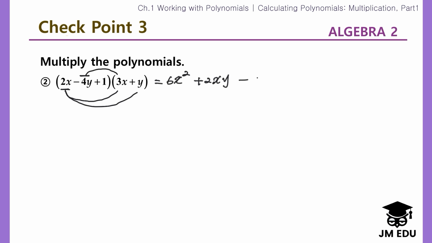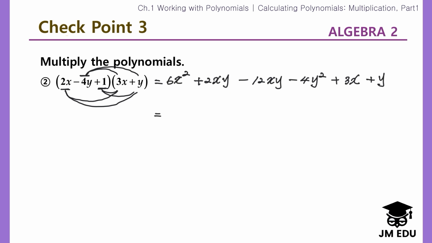That's minus 12, y times x, that's xy. Minus 4 times y, that's going to be minus 4y squared. Now, 1 times 3x is 3x. 1 times y, that's y.